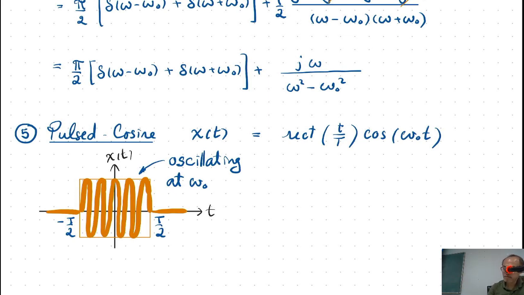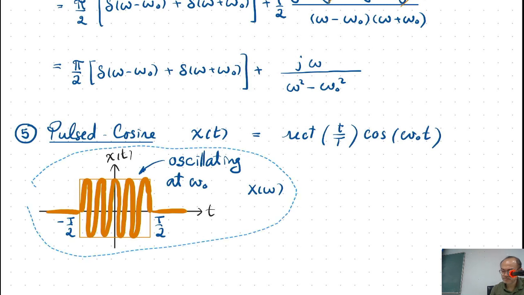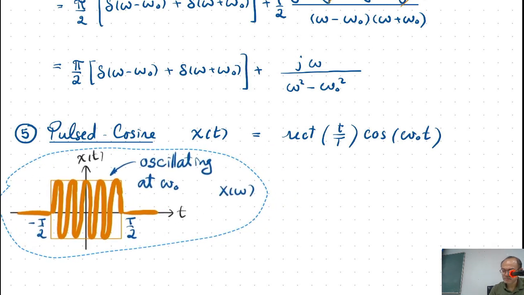Now we want to find the spectrum of x(t), right? Again, we're going to use the modulation property. If you take the Fourier transform on both sides, the left hand side will be X of omega. The right hand side will be 1/2.